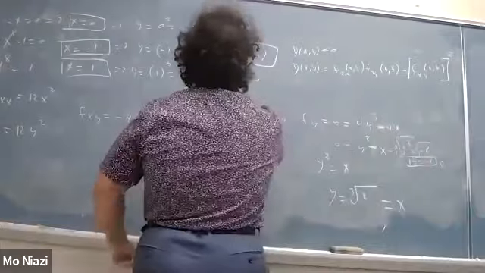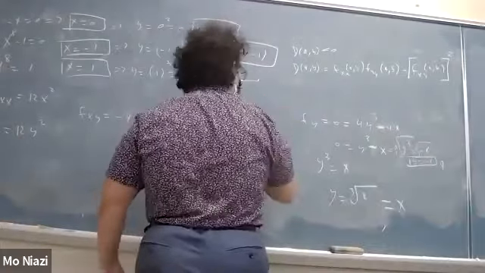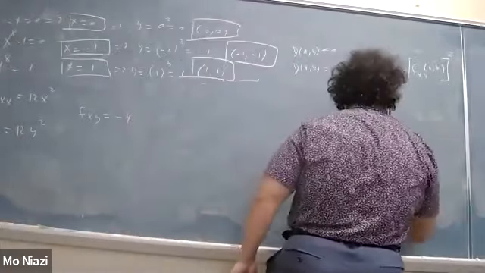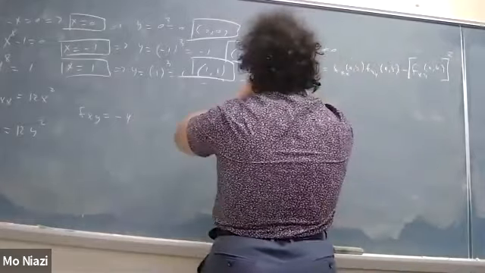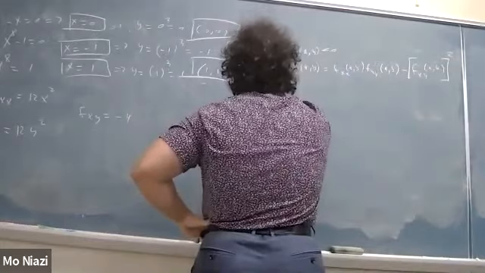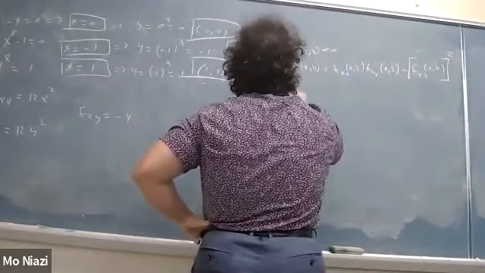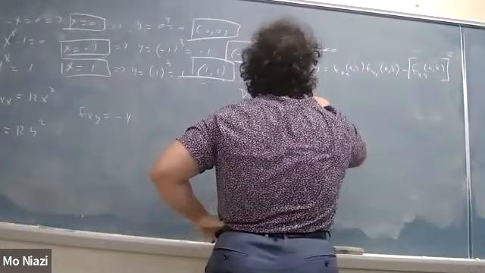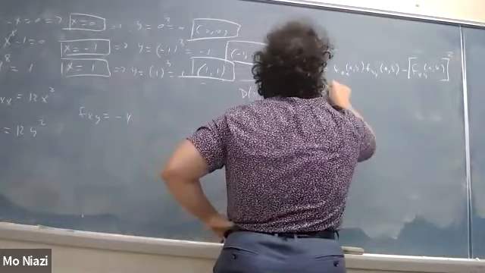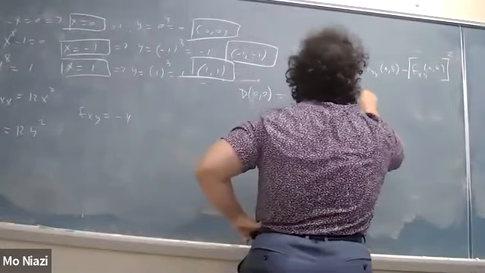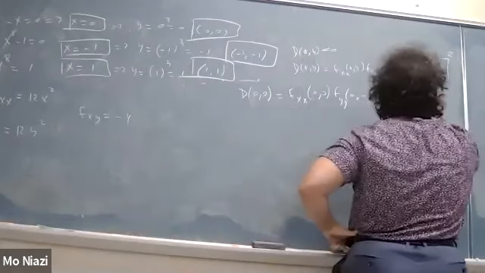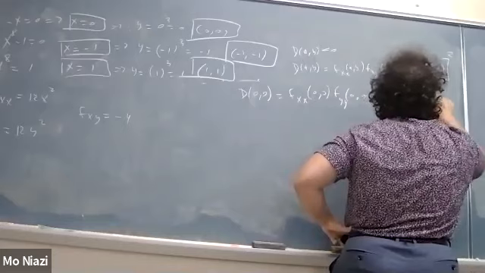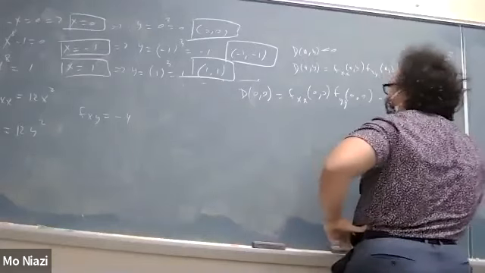So let's pick 0, 0. What is D of 0, 0? That's f double prime here.